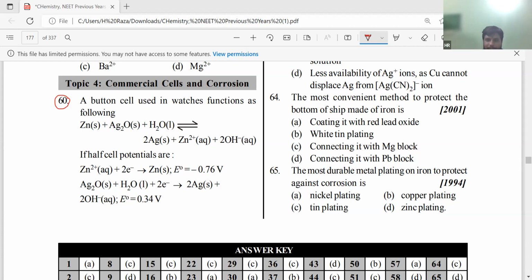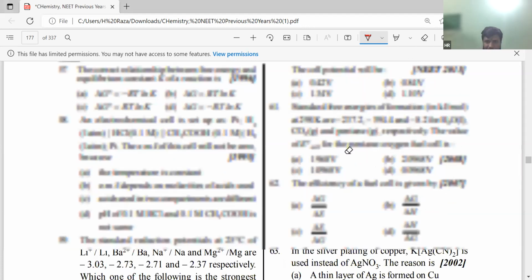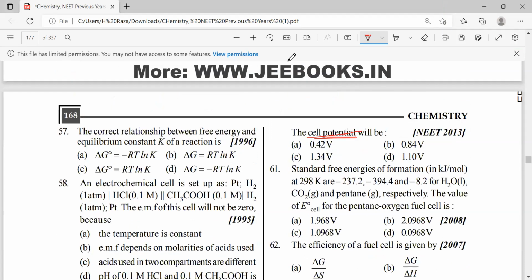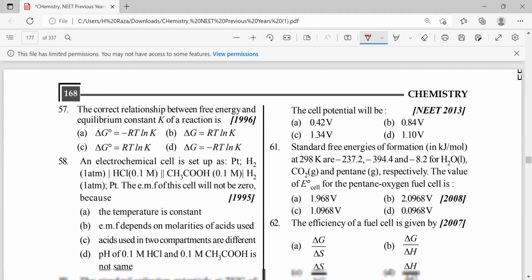The cell potential is this. We need to calculate the cell potential. Okay, sir. Can you scroll back down to the half cell potentials? This question.